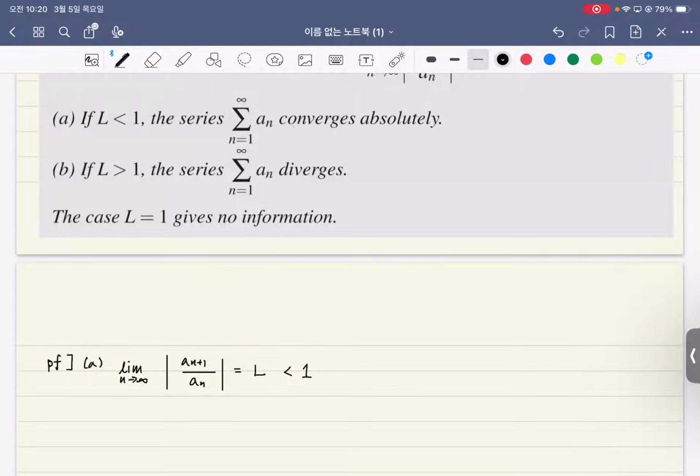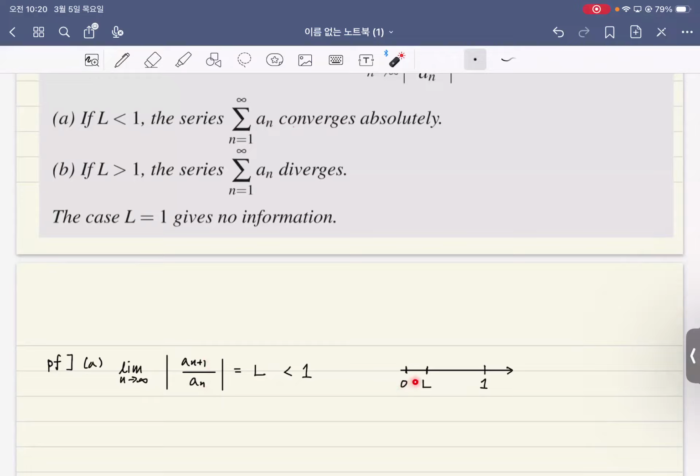I will draw some cartoonish picture. So this is 0, this is 1, and this is L. Since we are talking about a sequence of non-negative numbers, L cannot be less than 0. So L must be between 0 and 1, right?